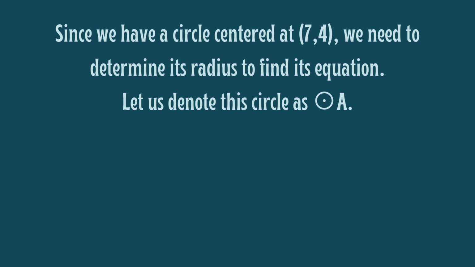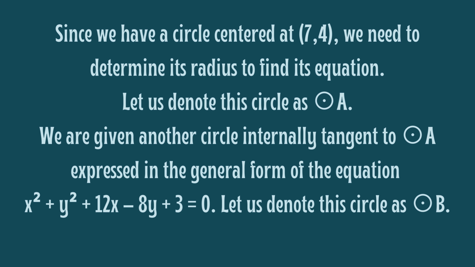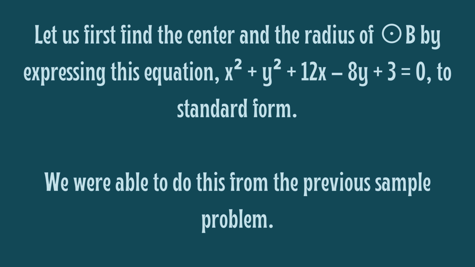Since we have a circle centered at 7, 4, we need to determine its radius to find its equation. Let us denote this circle once again as circle A. Another circle is internally tangent to circle A and is expressed in this general form of the equation. Let us denote it as circle B. Let us first find the center and the radius of circle B by expressing this equation to standard form.